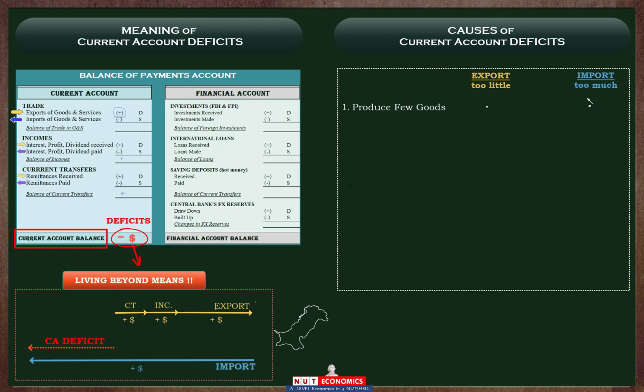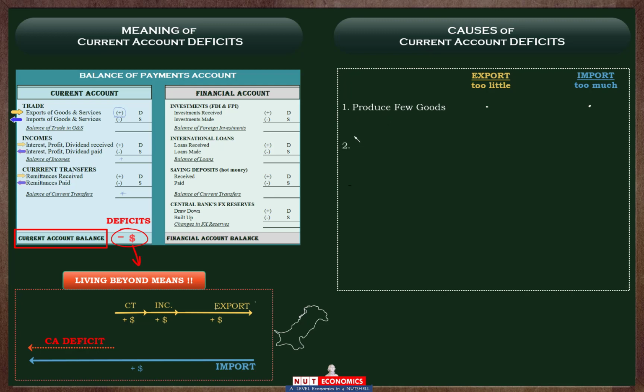They will start importing all the things that any modern economy uses. So that would mean that your country will end up importing too much and exporting too little. It will end up living beyond means. It will end up in a current account deficit because it does not make enough goods. So that's the first simple reason.